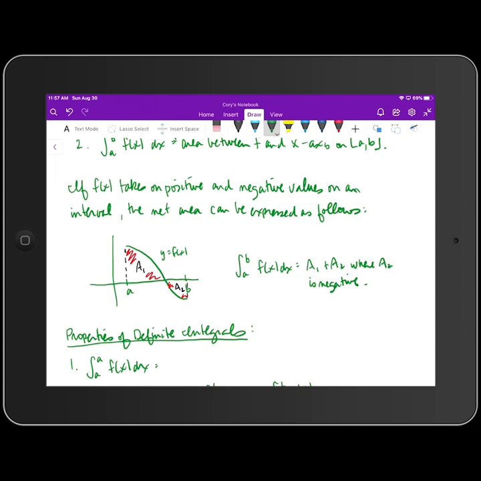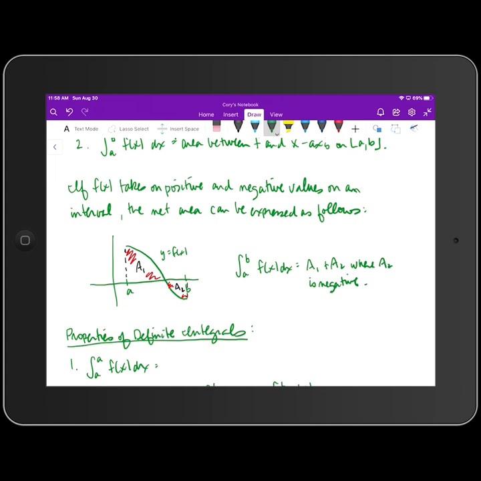I have some function y is equal to f of x that is positive on some part of the interval from a to b and is negative on some other part. We have that positive area, which we're going to call a sub 1, that lies above the x-axis, and then we have the area that lies below the x-axis as a sub 2.